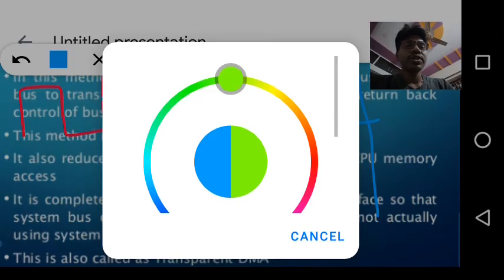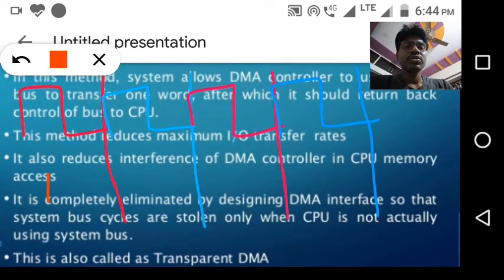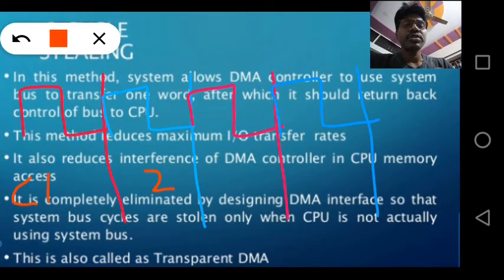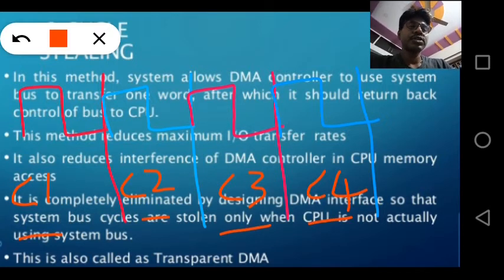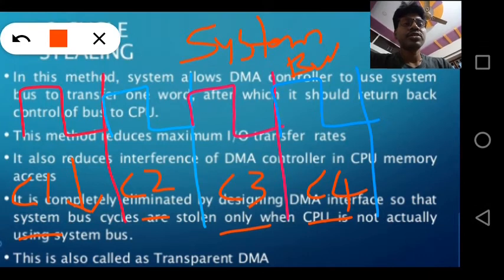So in total we have cycle 1, cycle 2, cycle 3 and cycle 4. So these are called cycles. Now in these cycles, the goal is who has to share the system bus.